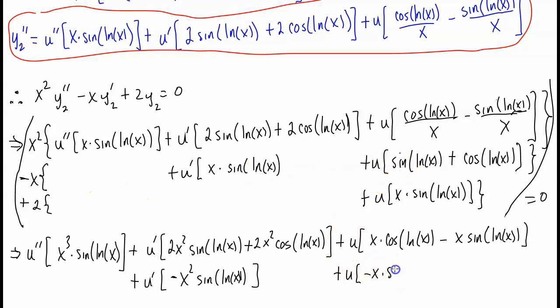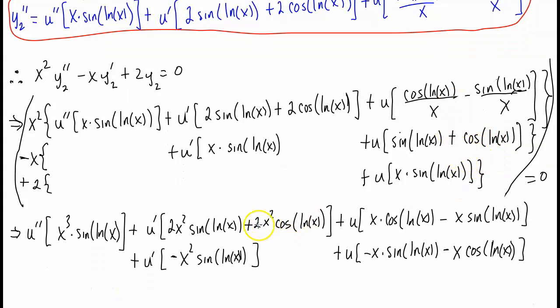So this will be minus x times sine of natural log of x. And then this will be minus x times cosine of natural log of x.